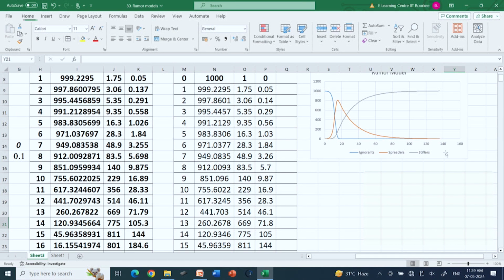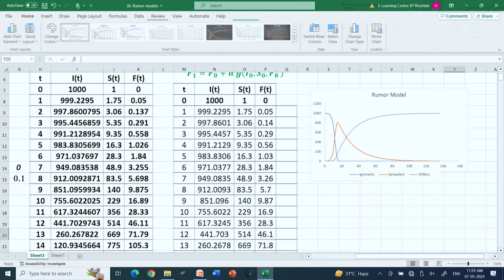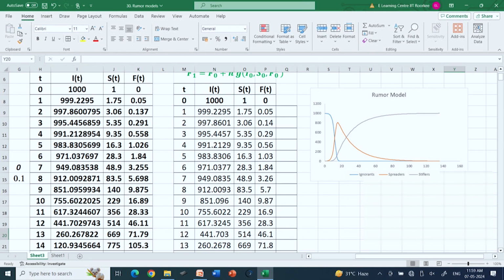And you get the numericals. If you want to remove the grid lines, go to plus and remove the grid lines. So this is how you generate the numerical figures.